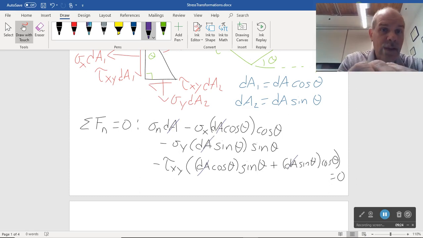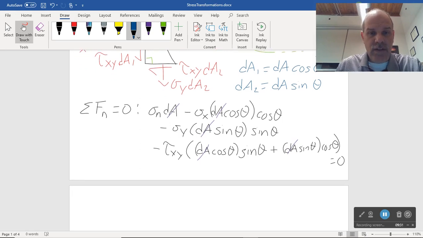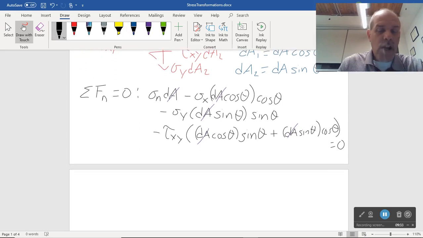Nice. Second thing to keep in mind is we're going to need a little bit of light trig here. We'll get to the trig in a second. But hopefully you're looking at this and saying, there's a trick here somewhere. It's because there is. I'm going to take everything but sigma n and put it on the right. So sigma n is equal to sigma x, and I've got cosine theta times cosine theta.